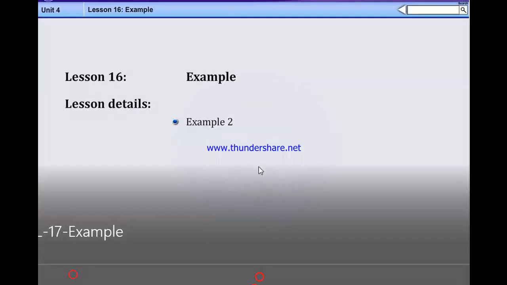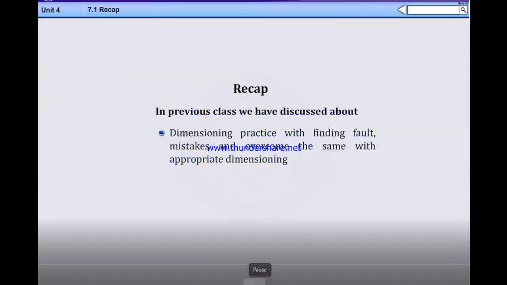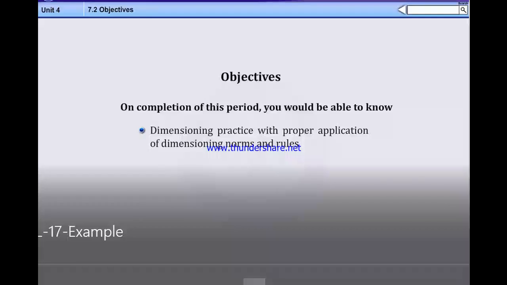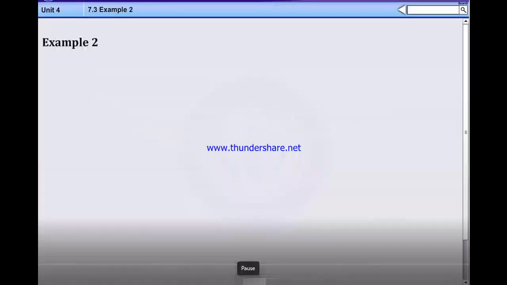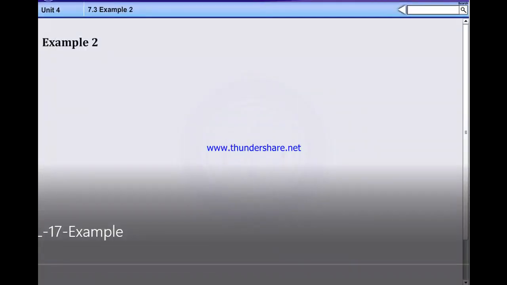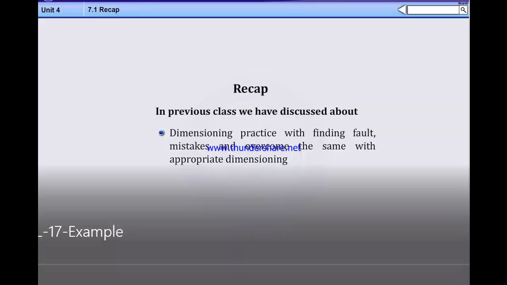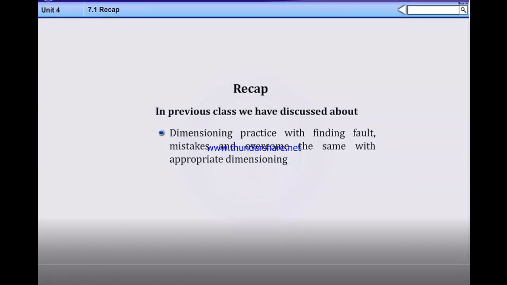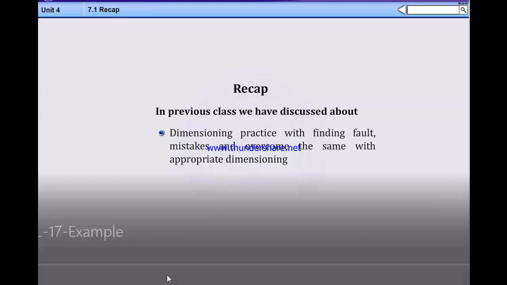One more example on dimension practice. Before going to that, you have to recap the previous one, that is dimensioning practice with finding faults and mistakes and overcoming the same with appropriate dimensioning.